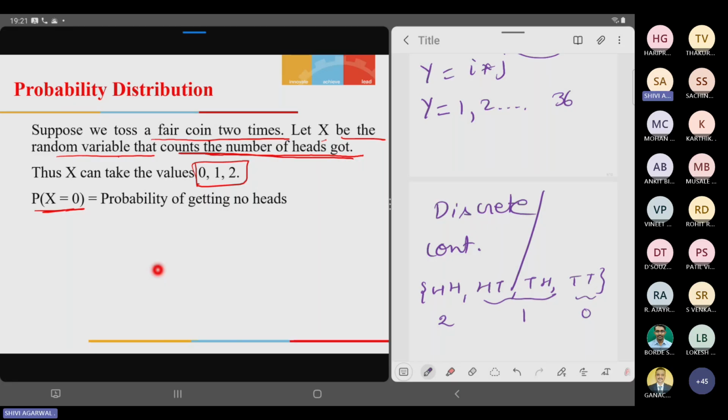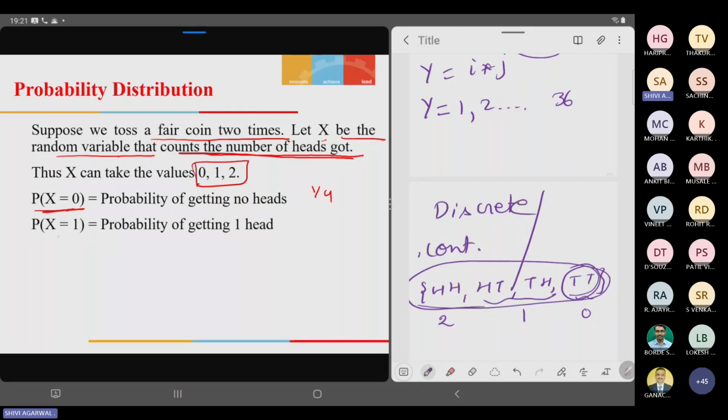It is 1 by 4. The total number of elements in the sample space is 4, and we have only one option for X equal to 0. So the probability is 1 by 4 here.